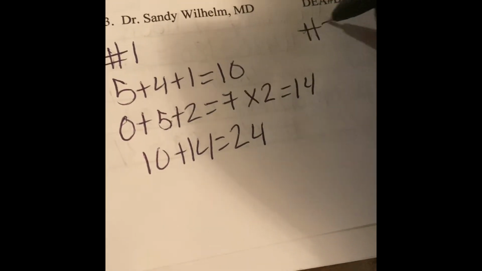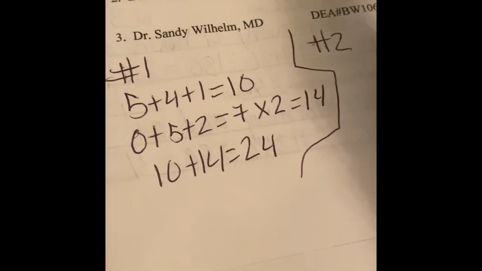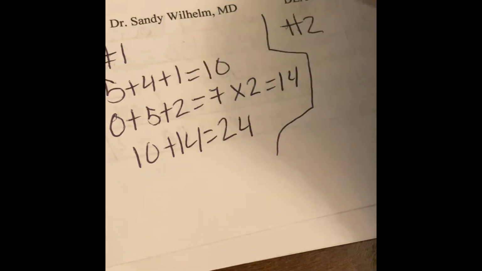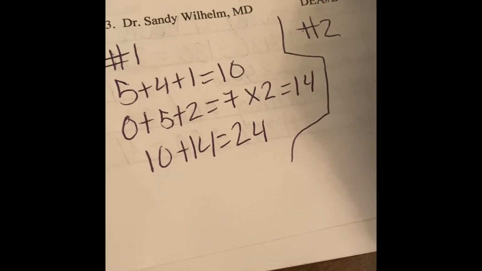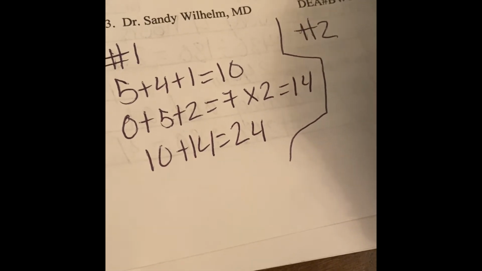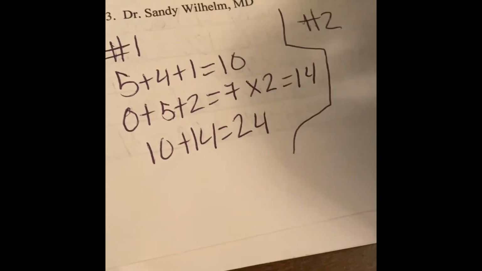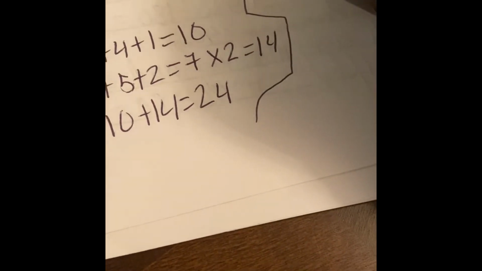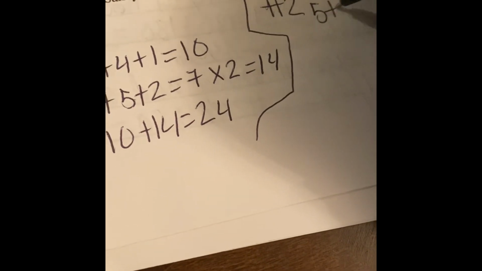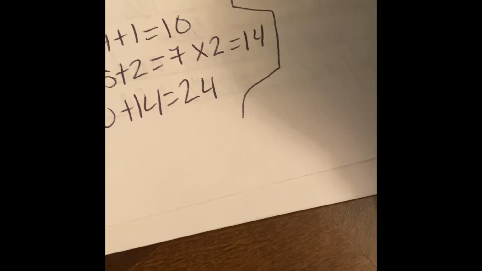So for number 2, we have F&P, Bonnie McKee. So the C is correct, but the K is wrong. That should be an M. And now let's see if the math is right. So we're going to do 5 plus 1 plus 6, which equals 12.